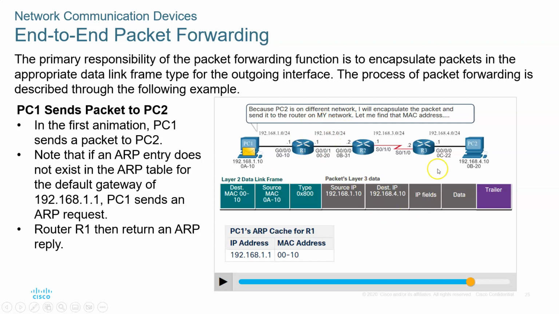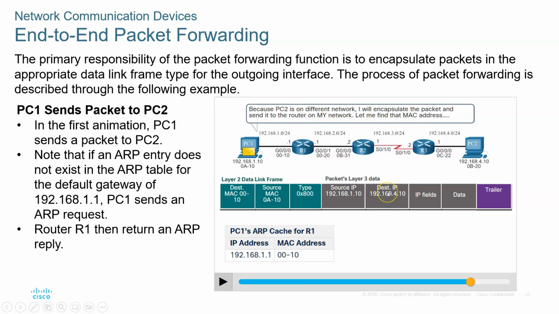So now this whole frame with the destination MAC address and the source MAC address of PC1 is stamped. You send it to the router. The default gateway will get it because his MAC address is on it. He opens up the packet and looks at the destination IP address, which is right here, right?